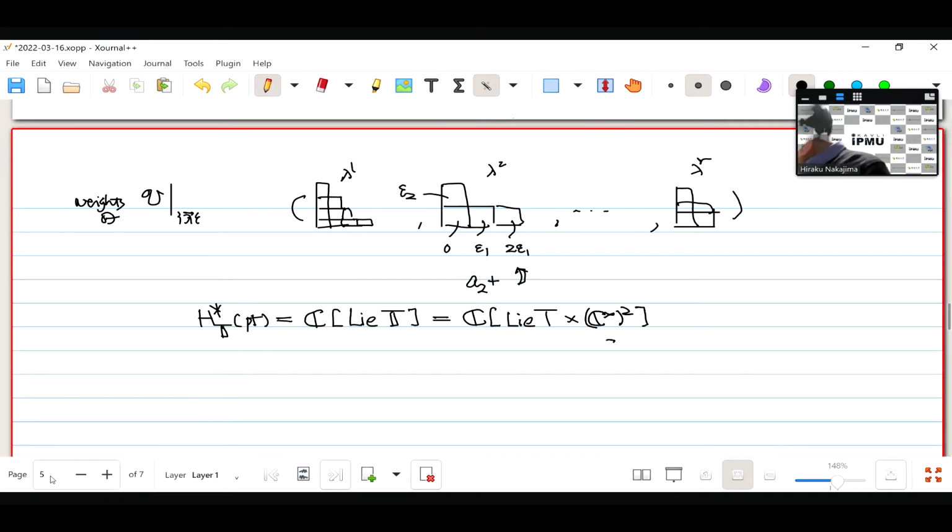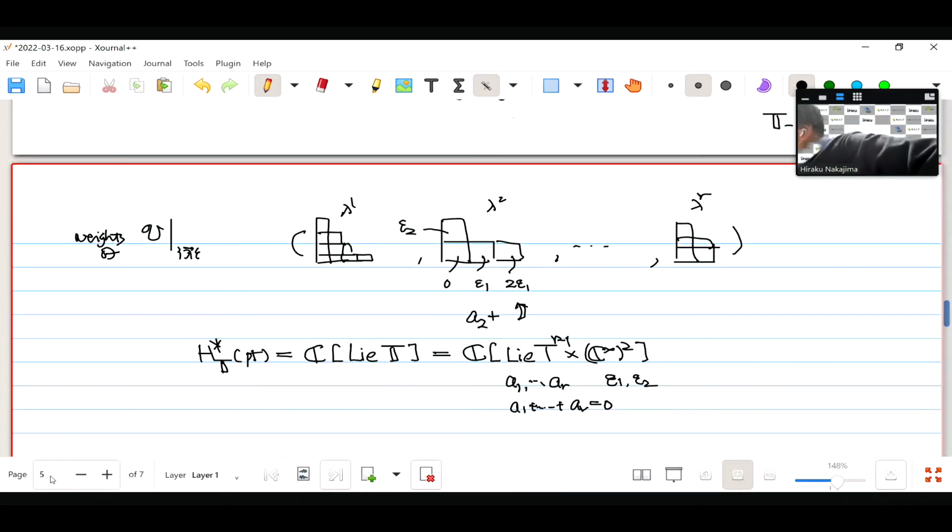And I denote epsilon 1, epsilon 2 for the additive characters for this. And T is r-1 dimensional, but I consider a_1 up to a_r as standard coordinates, and I assume a_1 plus up to a_r is equal to 0. Okay. So this is the description of the weights of the tautological vector bundle at fixed points. So you have this kind of combinatorial expression.